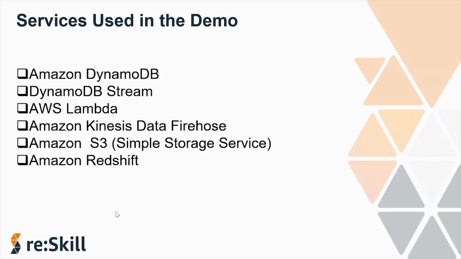And later it will stream those events to the Kinesis Data Firehose. From Kinesis Data Firehose, we are going to perform copy operations to Redshift with an intermediate location as an S3 bucket, simple storage service. That is an overall overview of the demonstration which we are going to have as part of this particular agenda today.